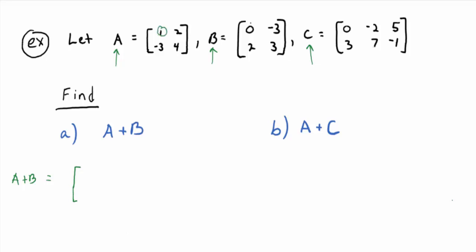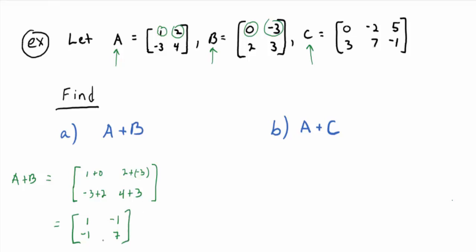A plus B is going to be 1 plus 0 for the upper left-hand entry, 2 plus negative 3 for the upper right, negative 3 plus 2 lower left, and 4 plus 3 lower right. Would I expect you to show all that work? No, you could do it in your head. So what do we get? Going across: 1, negative 1, negative 1, 7. Whoops, it's a bad looking 7.